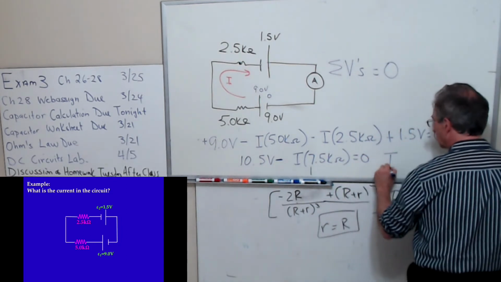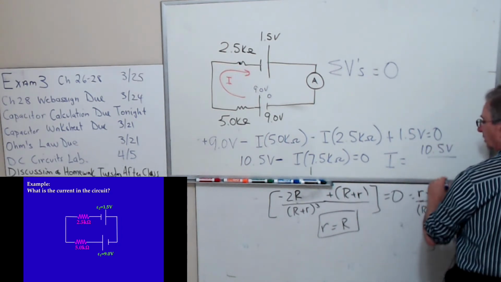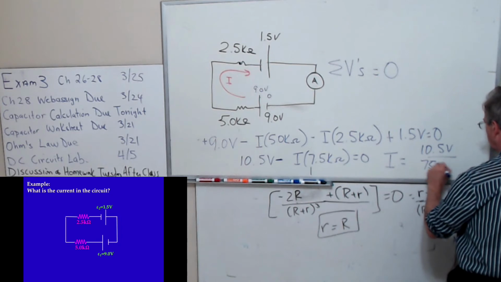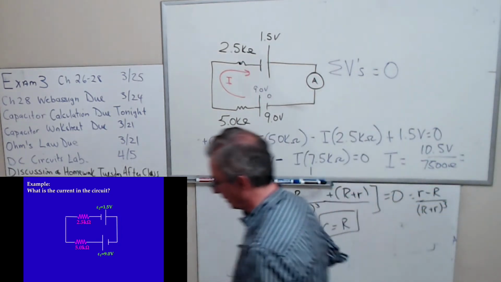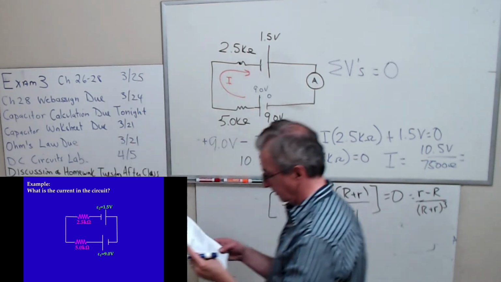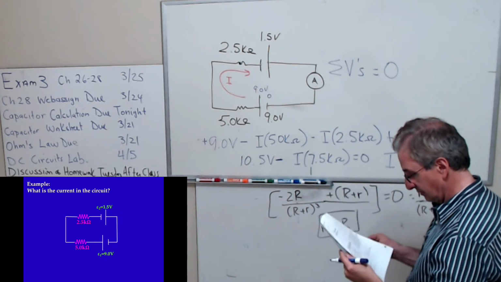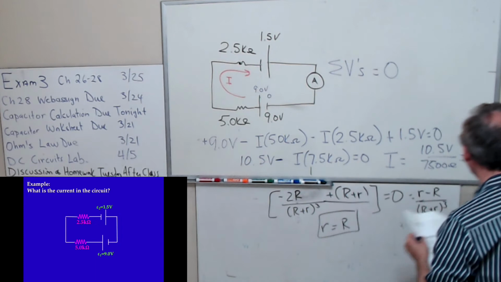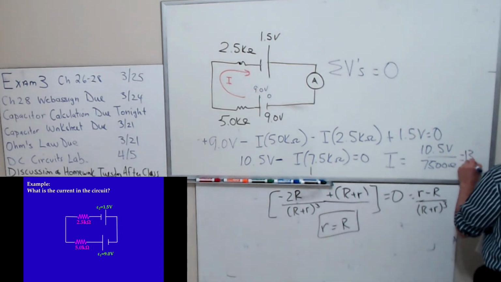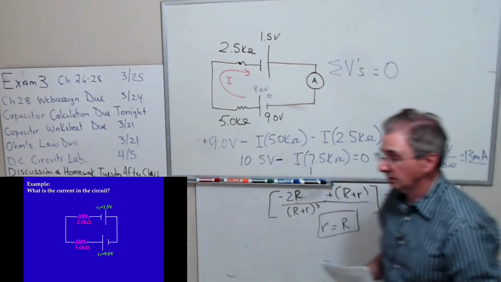And these are going to give me minus. So I is going to be 10.5 volts over 7,500 ohms, which gives me, if I look at my answer here, 1.3 milliamps. That's my current.